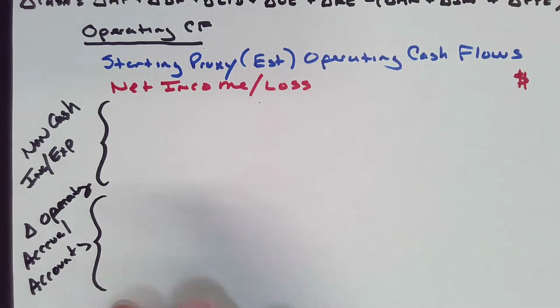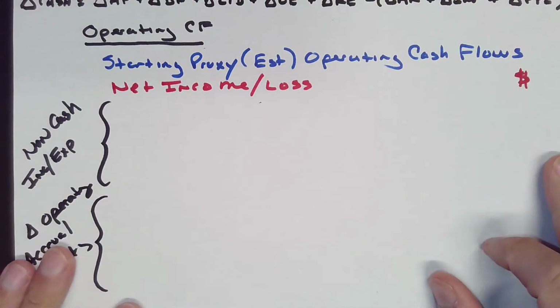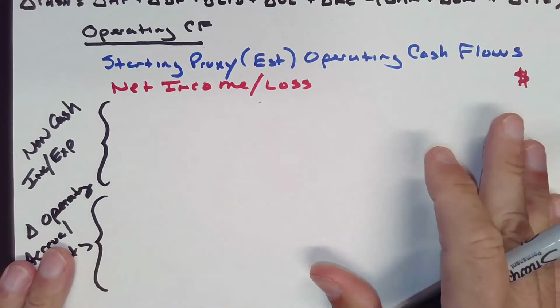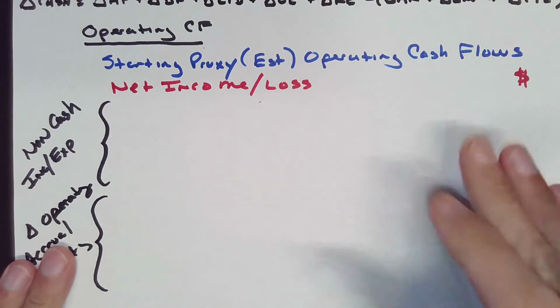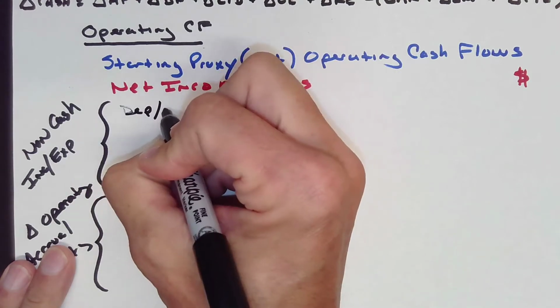All right, so let's think about the top section. In the top section, some items that you will likely see. You may not always see them, but you may likely see them. Depreciation and amortization.